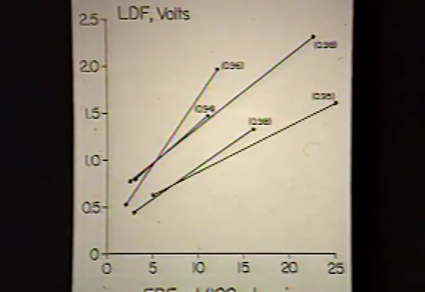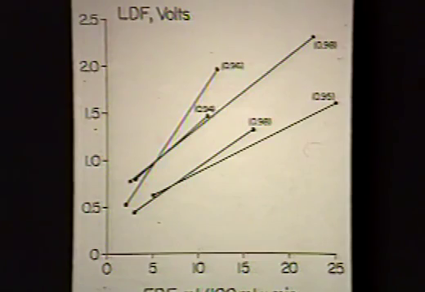Now, it's our own feeling, and I think Dr. Bonner already indicated this to be his feeling as well, is that the heterogeneity of the tissue, in this case the skin, gives rise to different relationships at a particular small spot as measured by the laser Doppler when you compare it to a more global measure of blood flow, such as with the plethysmograph.